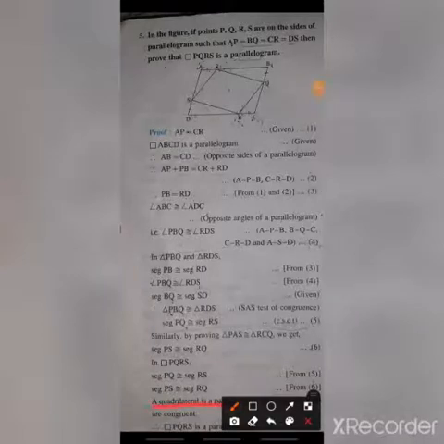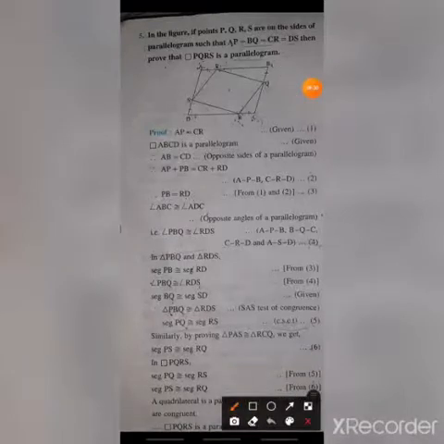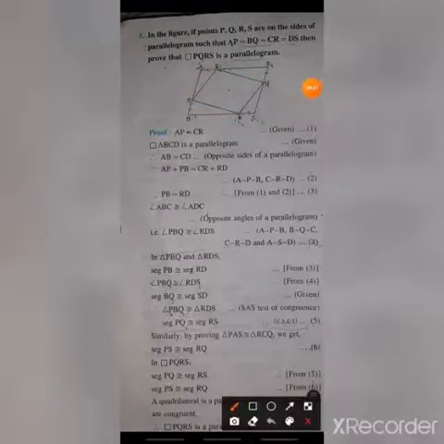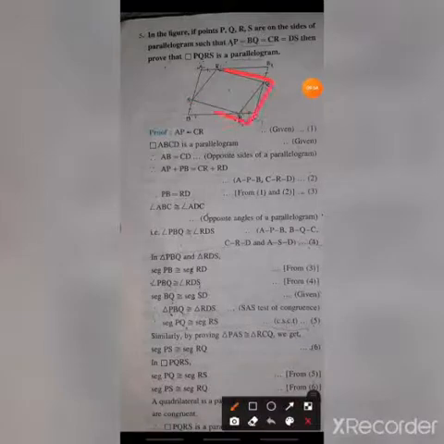A quadrilateral is a parallelogram if its opposite sides are congruent. So here you can see PS is congruent to RQ and PQ is congruent to SR. We can prove that, just because opposite sides are congruent. So finally, PQRS is a parallelogram.